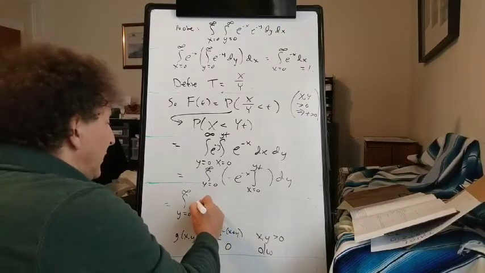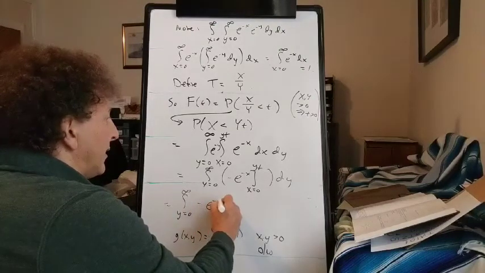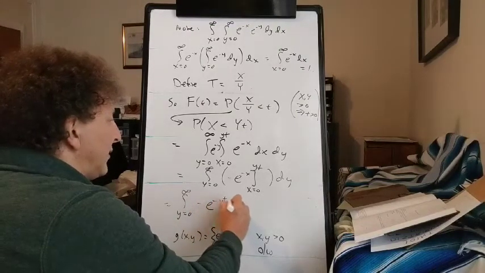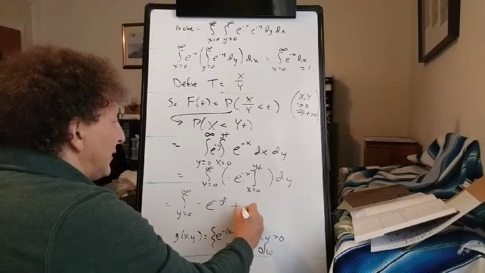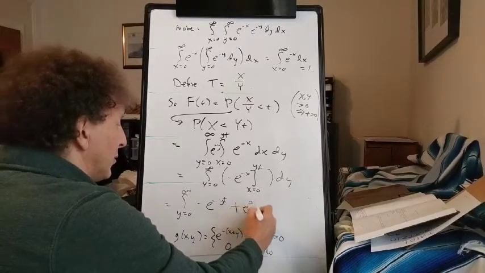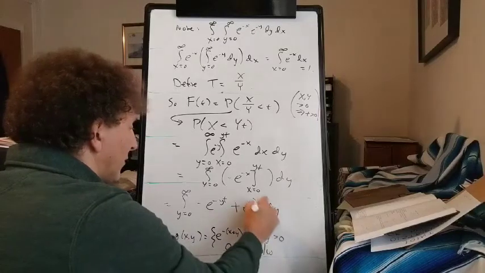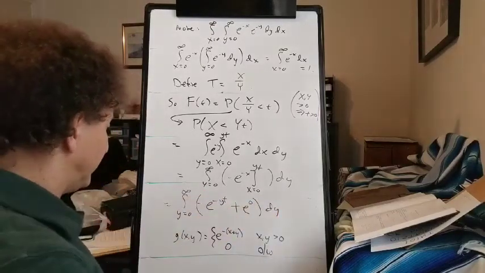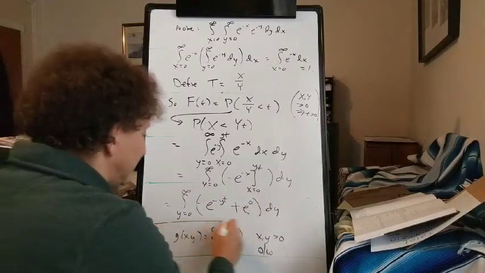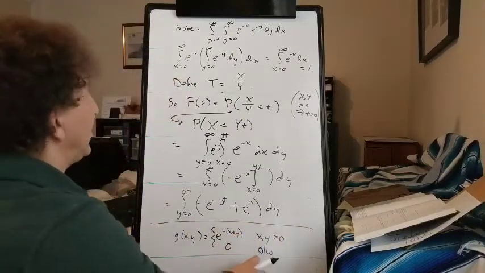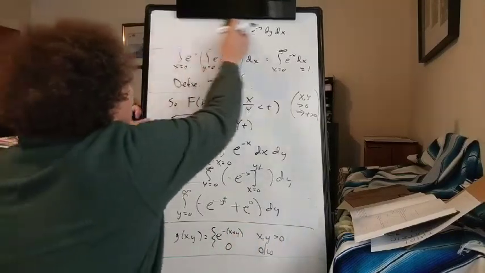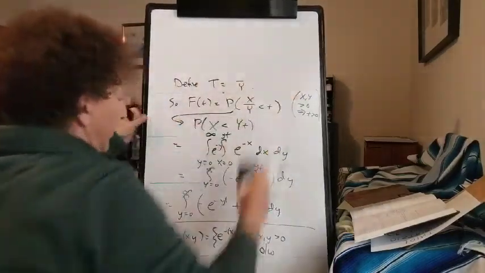So that's negative e to the negative yt minus negative e to the minus 0. So what's this?